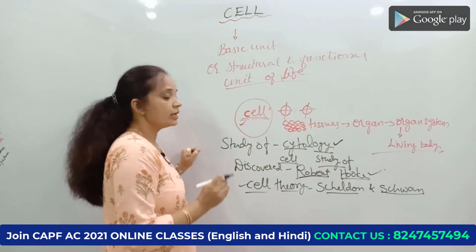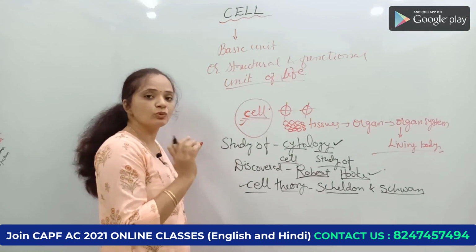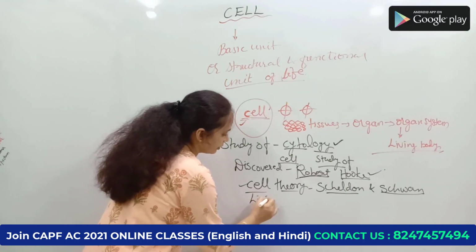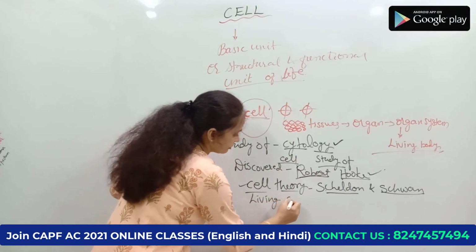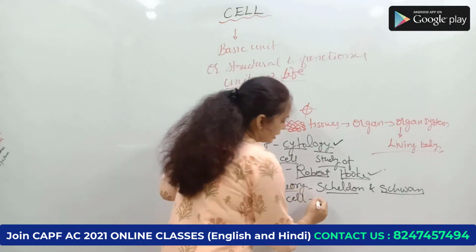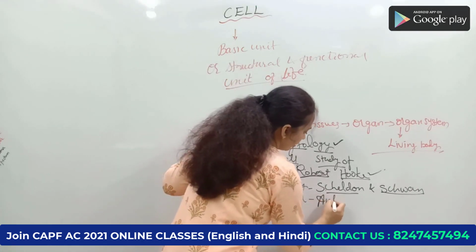Then the living cell. Who discovered the living cell? It's a very important question. Who discovered the living cell? Anthony van Leeuwenhoek.